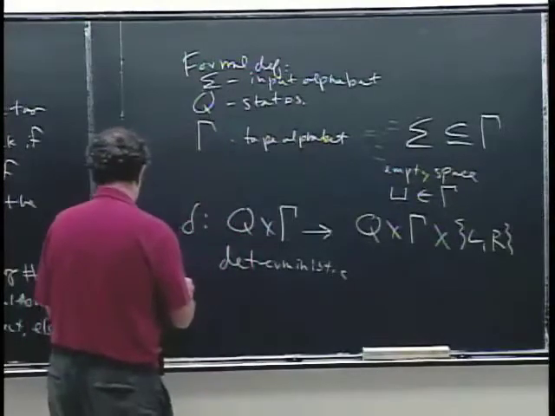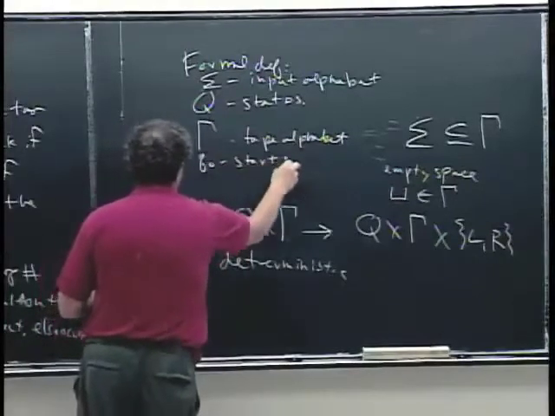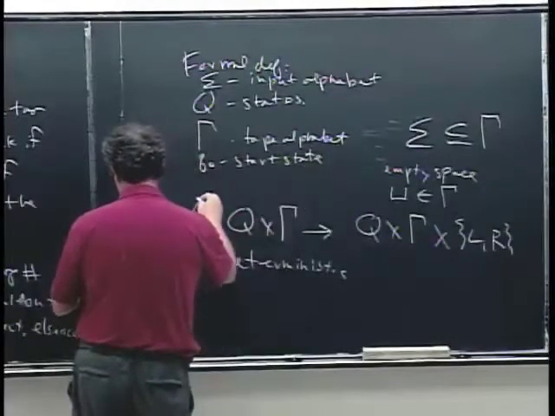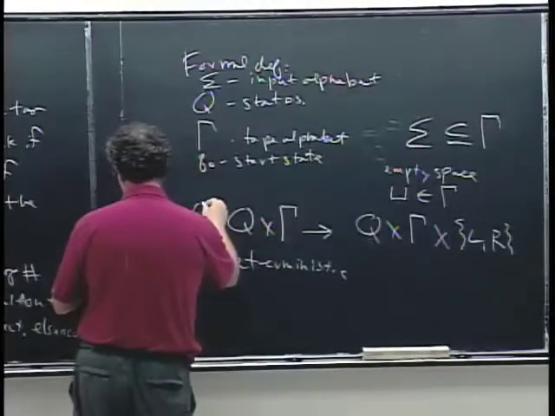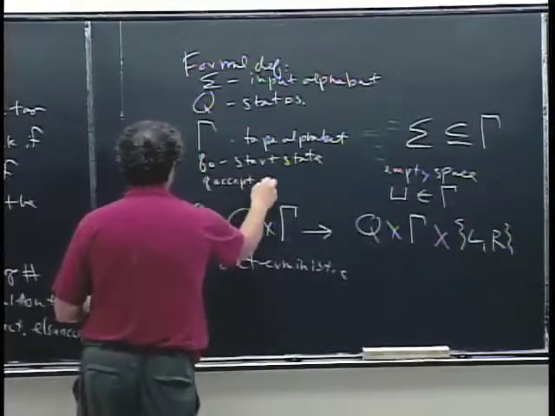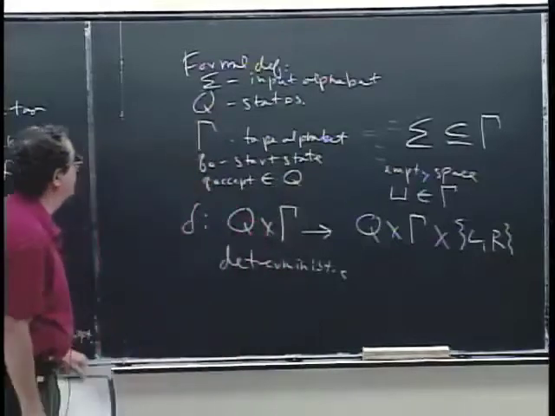We have Q0, the start state, and we have Q accept, which is a state in Q. That's the accept state.